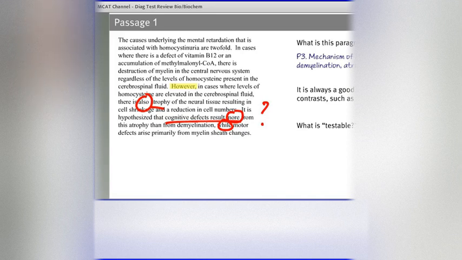Anytime the MCAT gives you a comparison or a thesis for some sort of connection or system, think, all right, well, they've got to ask me more about this. They're going to probe that information to try and determine, do I know what would happen if we change that system? What if this is true, that there actually is more cognitive defect from atrophy than from demyelination?